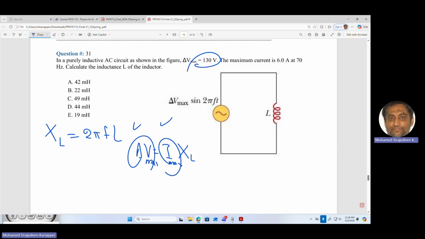This is given. And the question is to find, not reactance, the question is find the L. But now you know that in the XL there is L. So let me write.